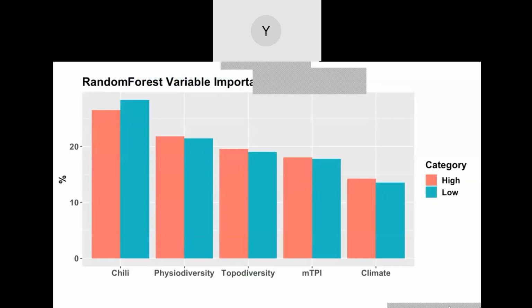Together, this is the variable importance from all the 1,750 random forest models. Overall, the Chilling index has the highest contribution, and climate norm has the least amount.